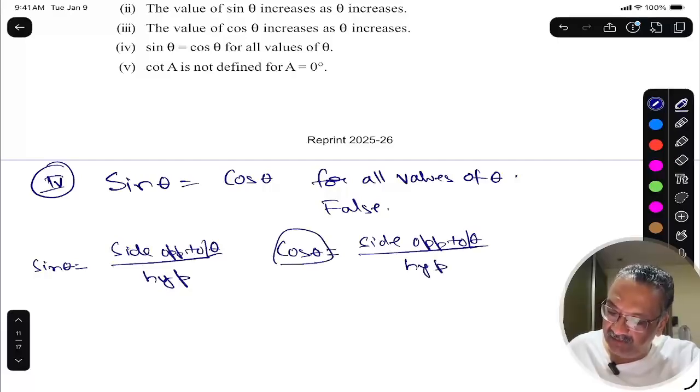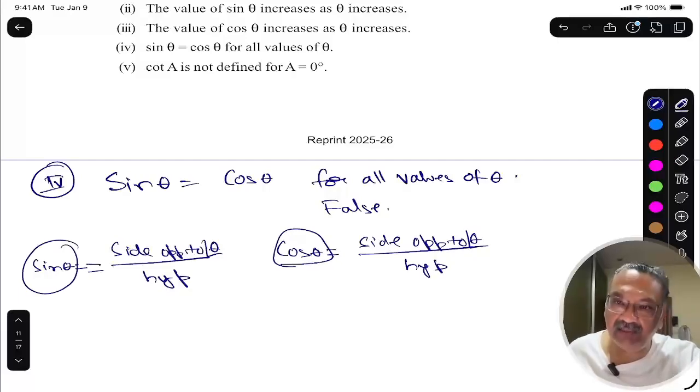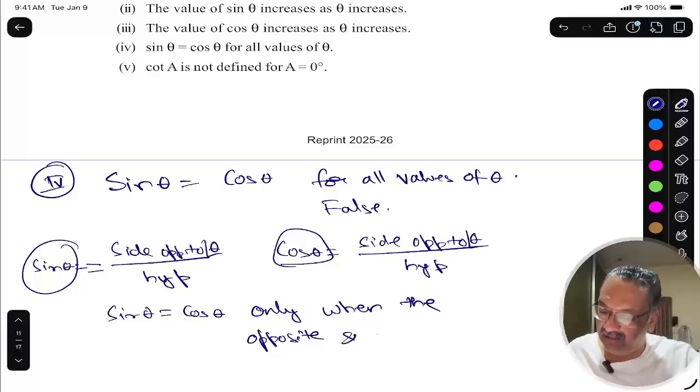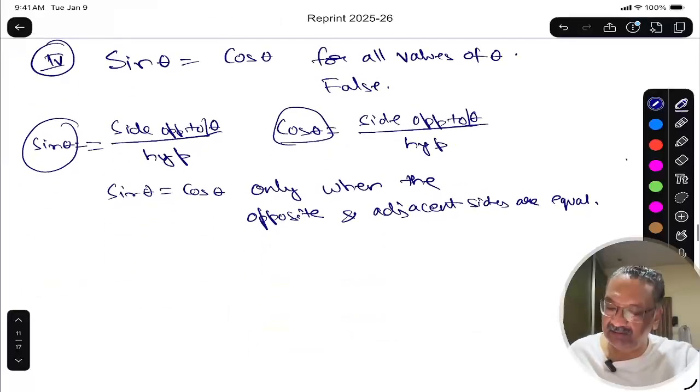When are these two the same? When are cos theta and sin theta the same? Sin theta is equal to cos theta only when the opposite and adjacent sides are equal. When does this happen?